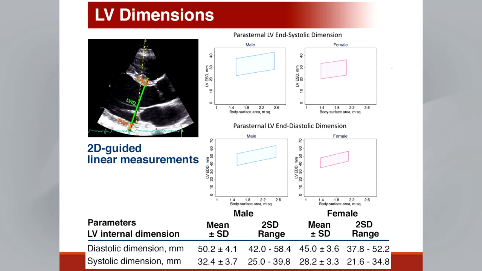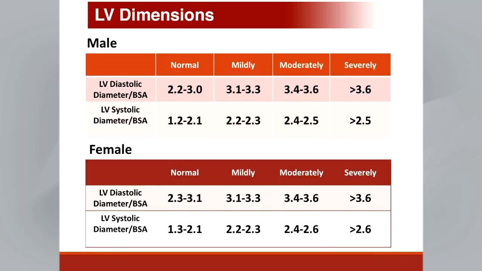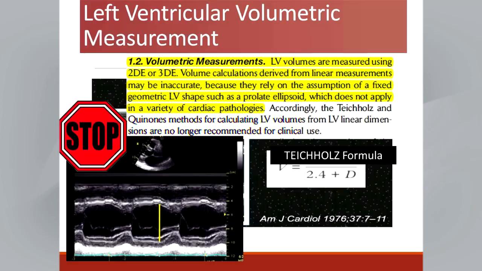You can download them and use them as you wish. And this is one of the parameters in which we are providing cutoff values for normal, mildly, moderately, and severely dilated. These dimension measurements should be done taking into consideration the gender and, of course, the body surface area.